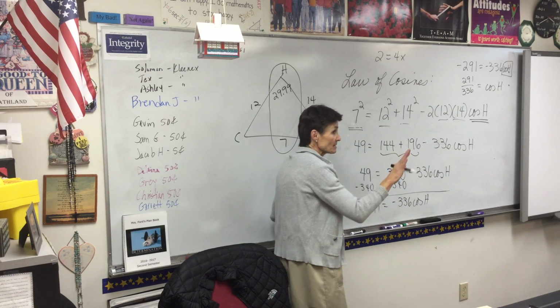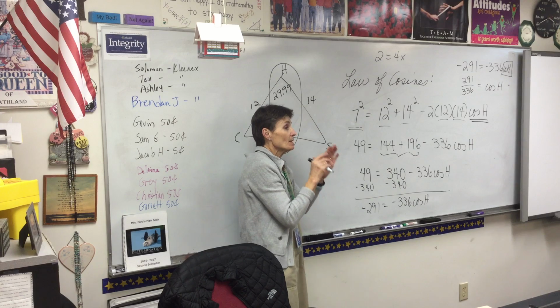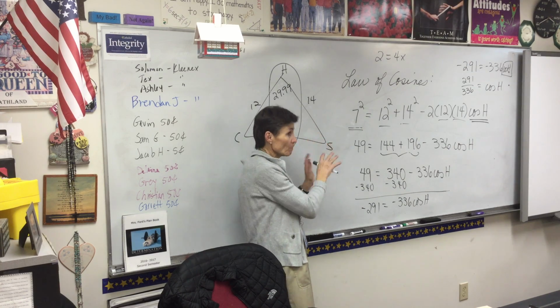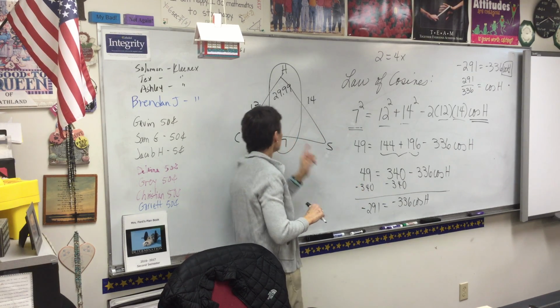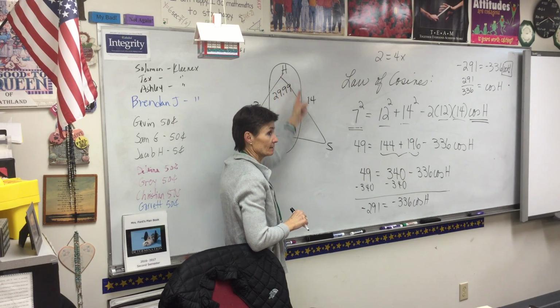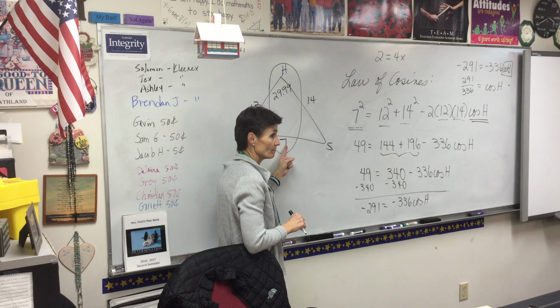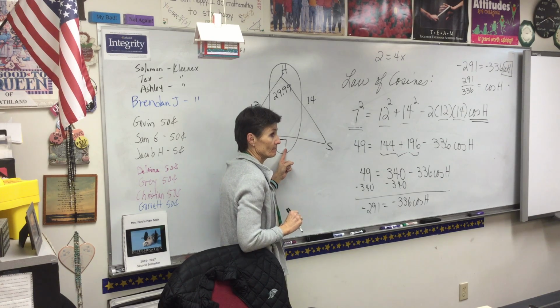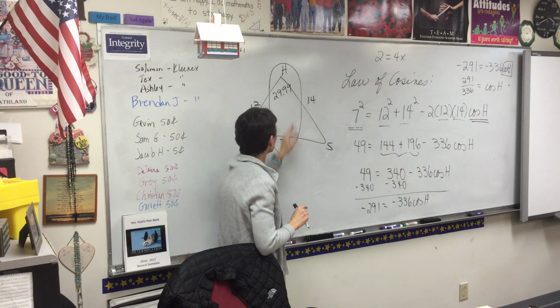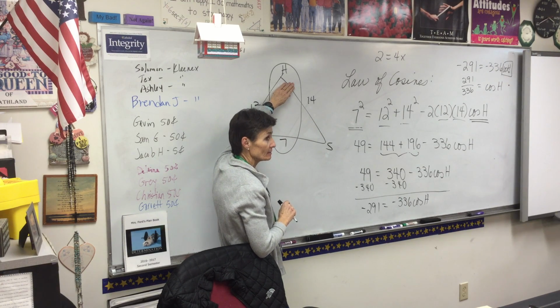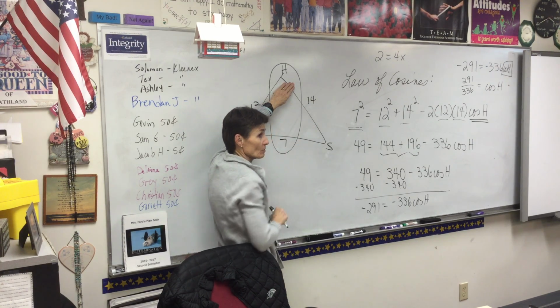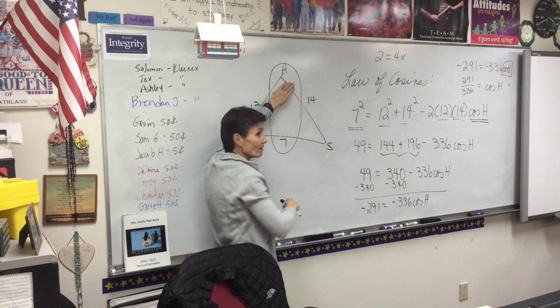Okay, I've said this a couple times, let me say it again. When you draw your picture, look at your picture. If you have this angle side pair, law of sines. In the beginning, we did not have this. In the beginning, all we had were those. We did not have a pair.